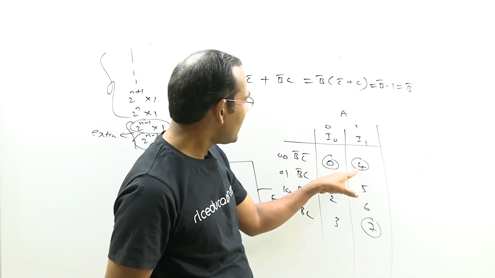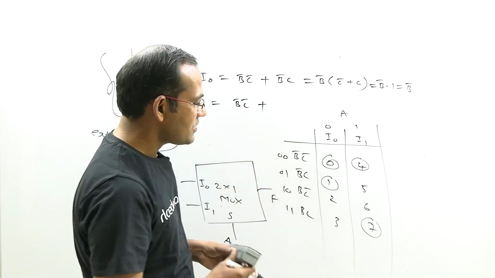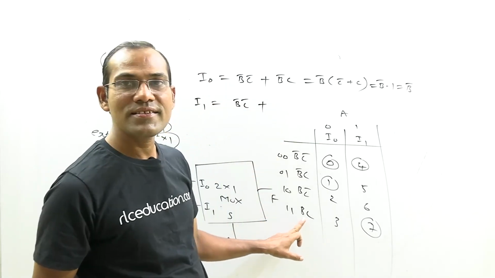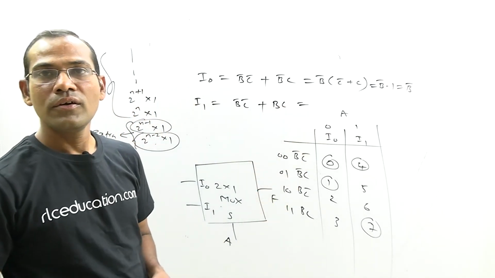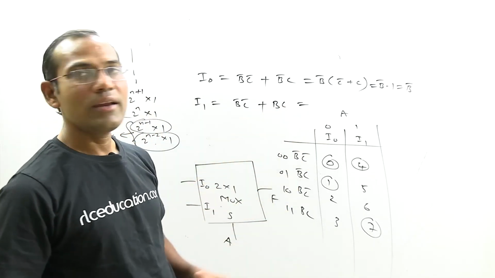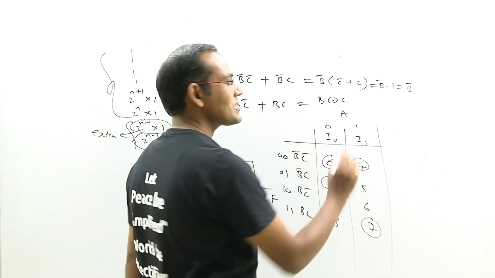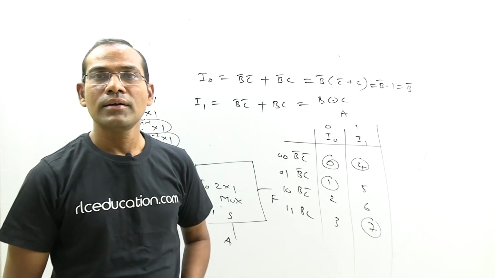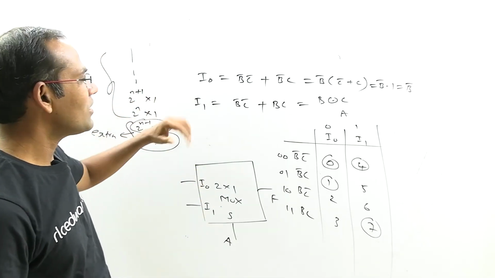I1 is, here 4 is circled, that's why you have to write this term. And 7 is also circled, so you have to write this term. BC plus B bar C bar means it's XNOR. So B XNOR C. That's about I0 and I1. Connect accordingly.